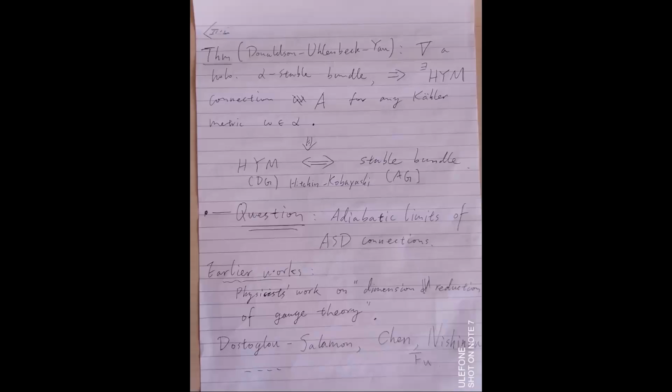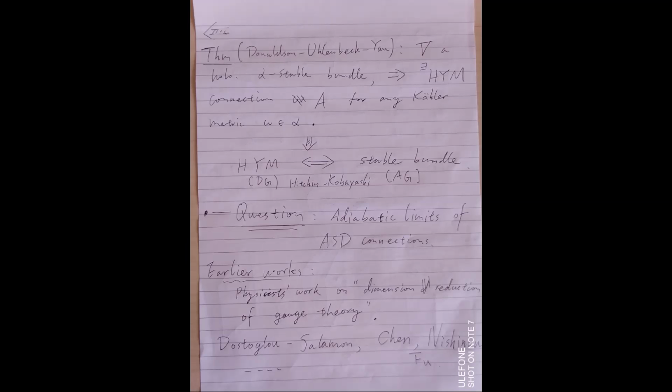Okay. The upside is, let's recall the famous theorem by Donaldson, Uhlenbeck, Yau. If V is a holomorphic alpha-stable bundle, then there exists a unique Hermitian Yang-Mills connection for any Kähler metric representing this alpha. So we reach an equivalence between Hermitian Yang-Mills connections and stable bundles. This is called the Hitchin-Kobayashi correspondence. Notice this stable bundle is in the algebraic geometric sense, and this Hermitian Yang-Mills connection is in the differential geometric sense.